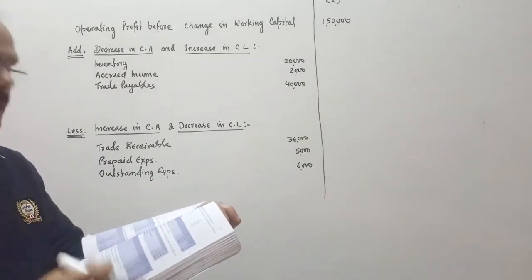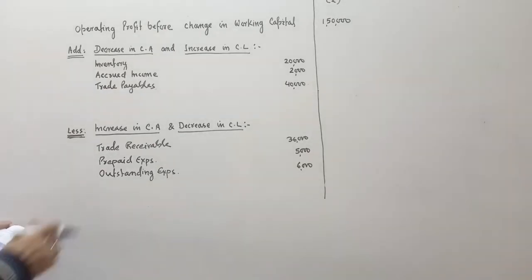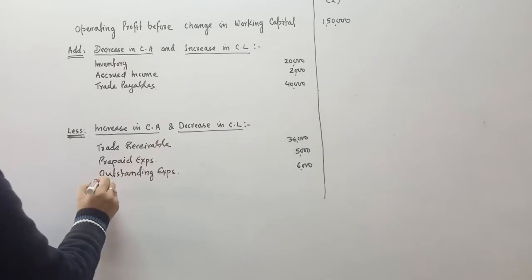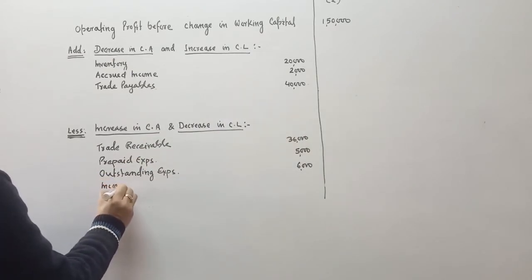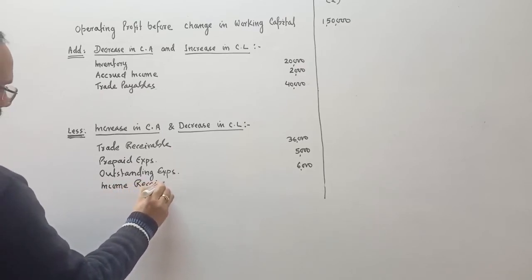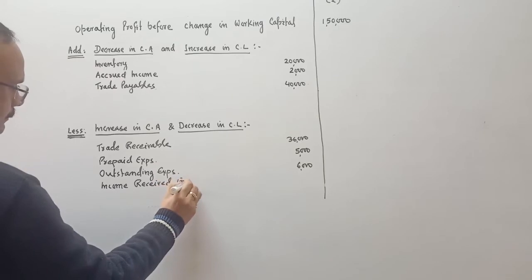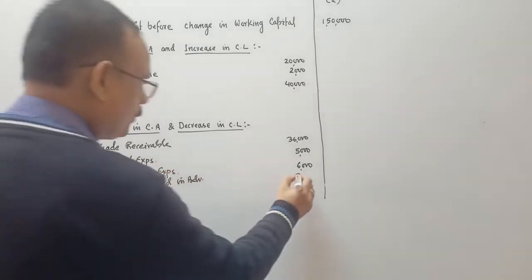So it is reduced by 1,000. So a decrease in current liability: income received in advance is decreased by 1,000.